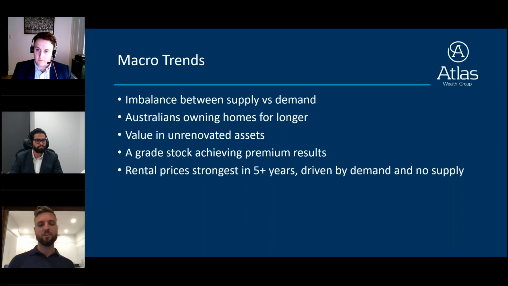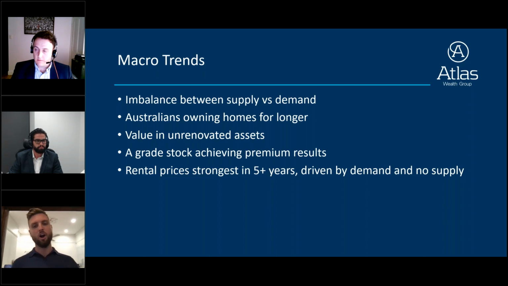The other driver is that Australians are owning their homes longer than they ever have. If we go back to 2008, 2009, the average home ownership in Australia was around 7 years, whereas if we fast forward to 2023, depending on what market you look at, but on average, home ownership is now around 12 years, which means a 50% uplift in people owning their homes for longer.